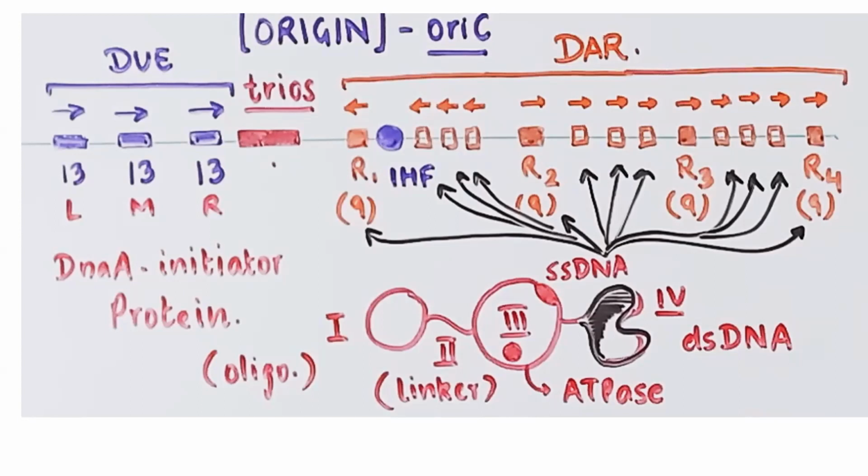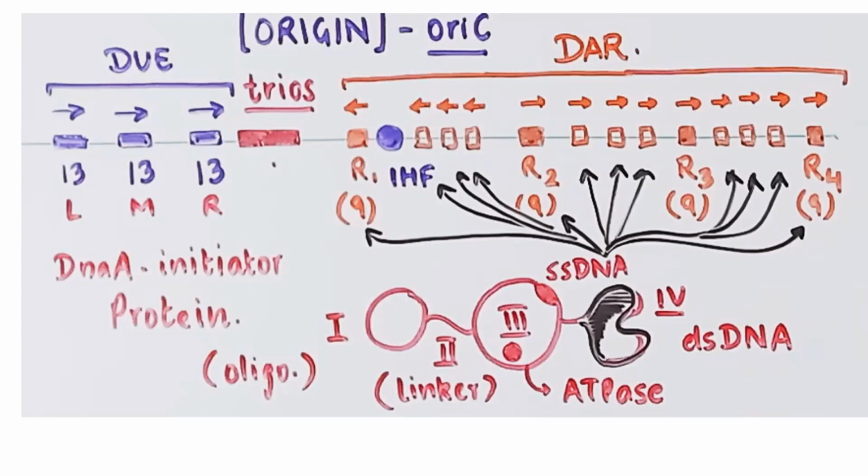Specifically, domain 4 binds the high affinity regions R1, R2, and R4 in the DnaA boxes, and domain 3 is not really a high affinity site. Domain 4 also binds to the internal regions, but not as readily as R1, R2, and R4.